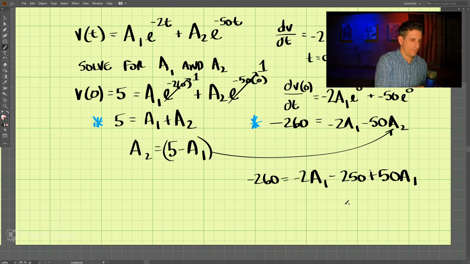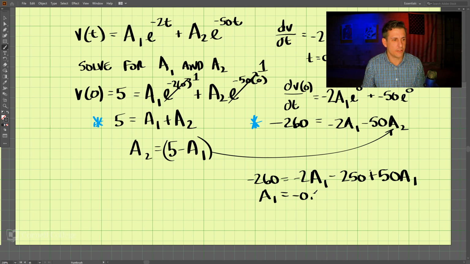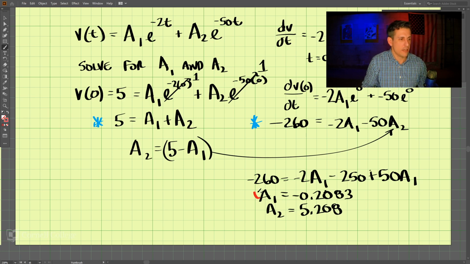And solving that, negative 10, what's that come out to be? A1 is equal to negative 0.2083, and A2 is equal to 5.208. Okay, so these are important.